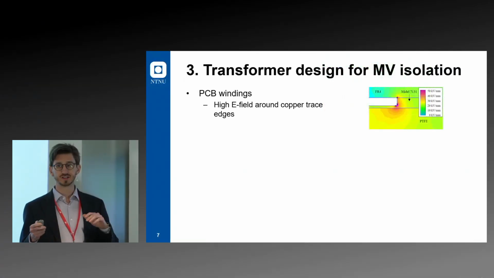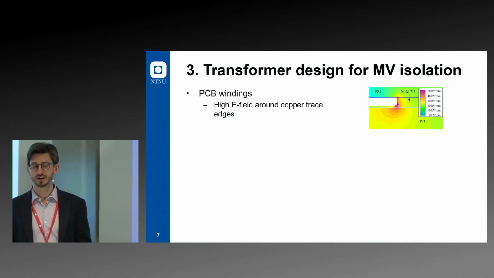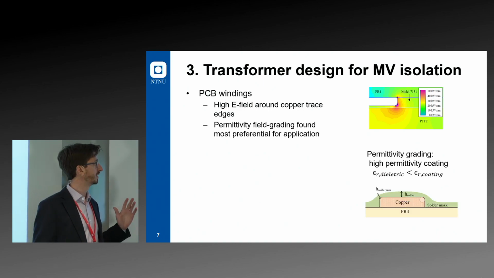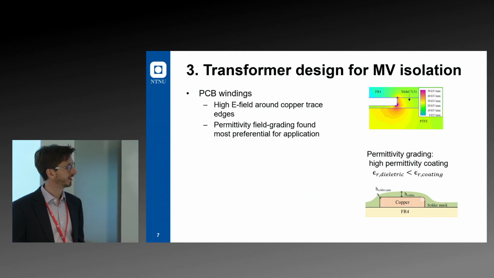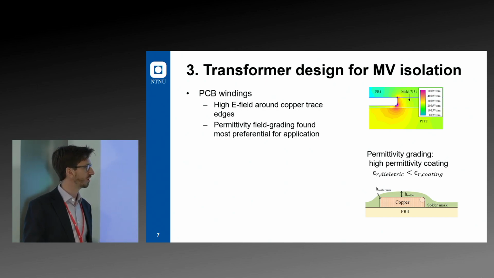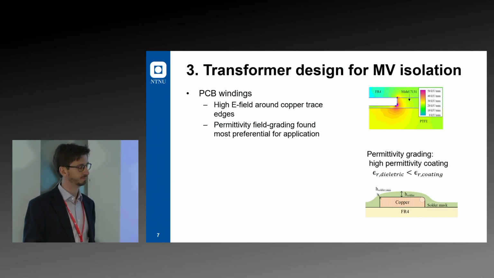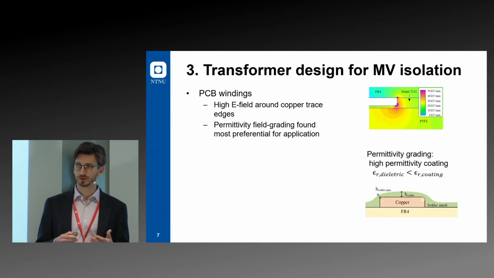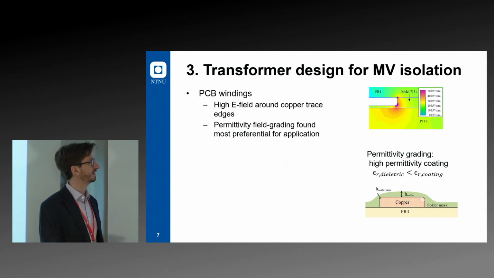And we looked into several ways of grading that field, of alleviating the high field. And the best option was permittivity field grading, meaning that we will cover the copper in an epoxy or some other material that has a much higher permittivity than the dielectric.